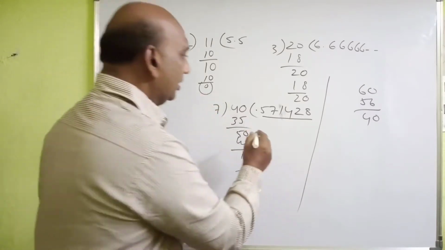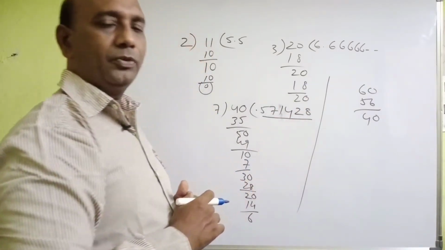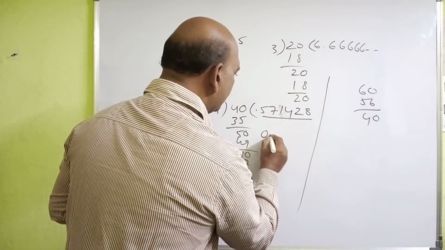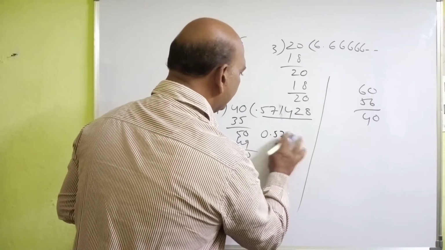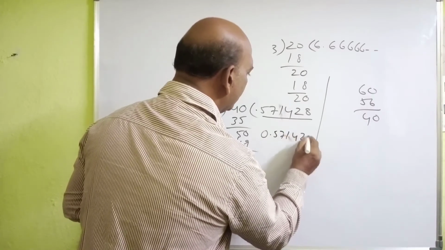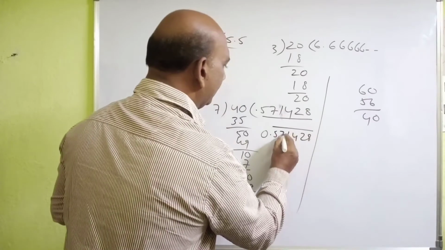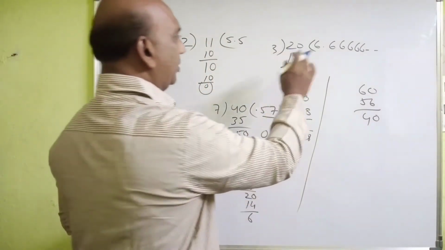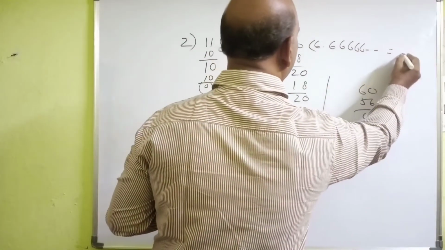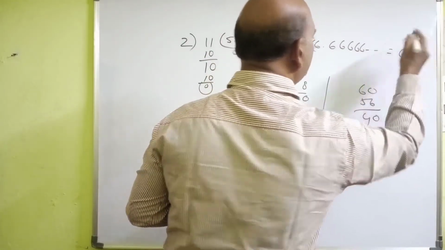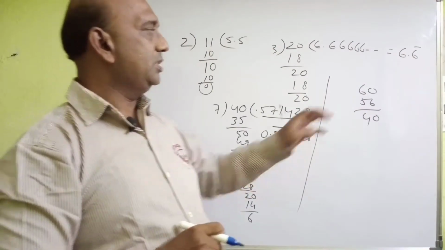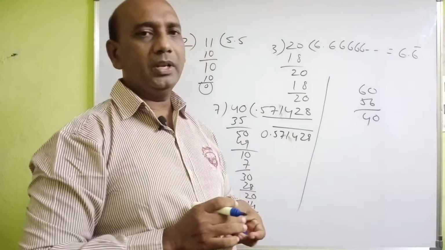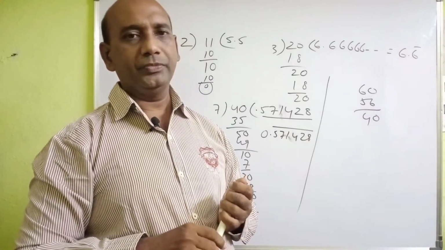That's why we write it as 0.571428 with a bar. So here 6.666 and so on can be written as 6.6 with a bar. This is a non-terminating recurring decimal. This is also a non-terminating recurring decimal.